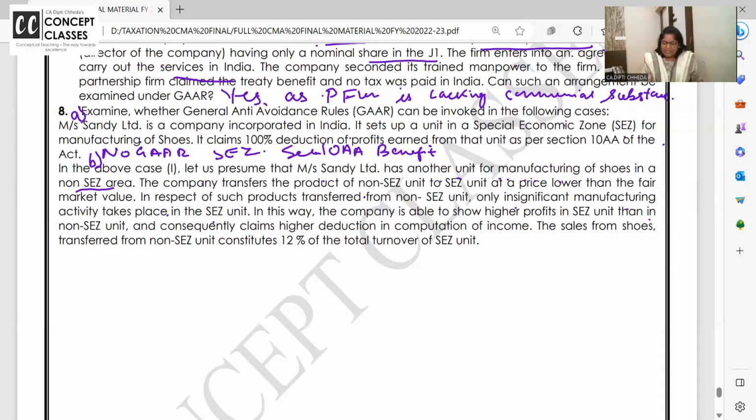In this way, company is able to show higher profits in the SEZ than in the non-SEZ and consequently claims higher deduction in the computation of income. The sale of shoes transferred from non-SEZ unit constitutes 20% of the total turnover of the SEZ unit.